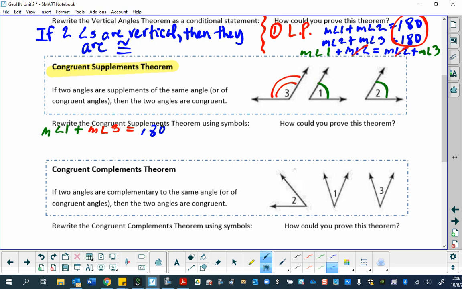Says who? Does mom know? The measure of angle 2 plus the measure of angle 3, whoops, is equal to what? Why? How? Who told you? They are supplementary, so the definition of supplementary is angles that add up to 180 degrees.